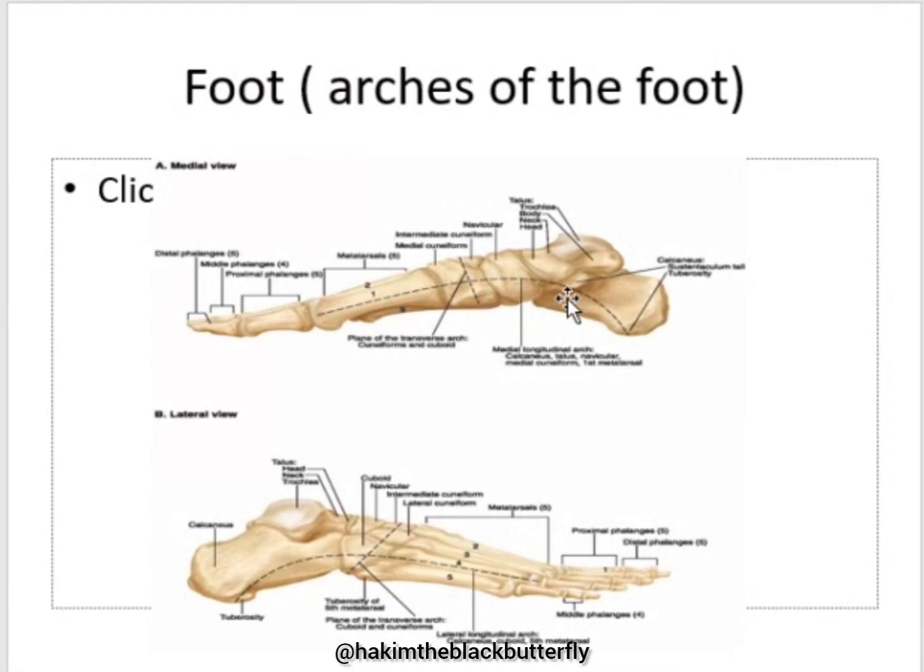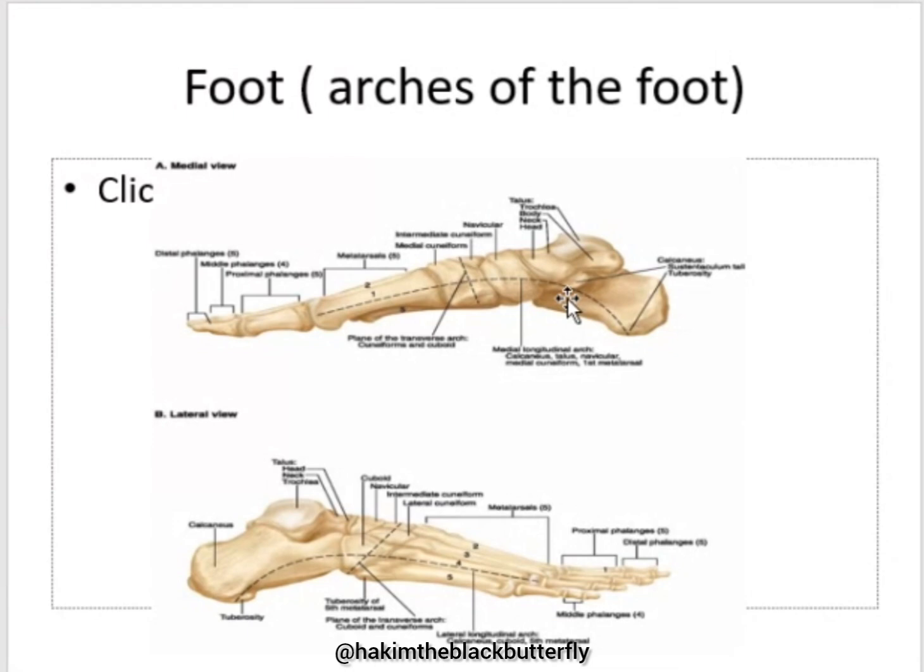Then the bones themselves are wedge-shaped. When I say that the bones are wedge-shaped, they are like these interlocking bricks. They fit into each other. So these bones are wedge-shaped, so they fit into each other, and that wedge shape is one of the factors which stabilizes those arches.